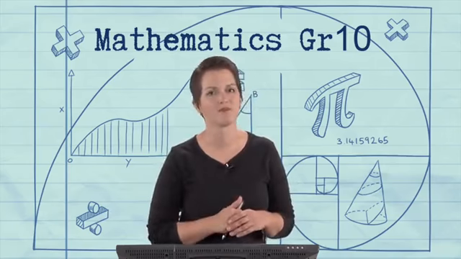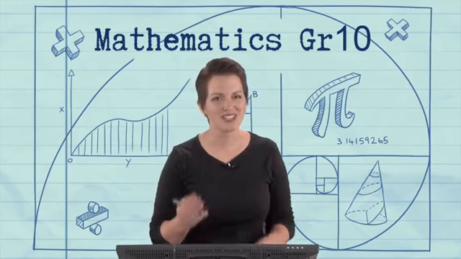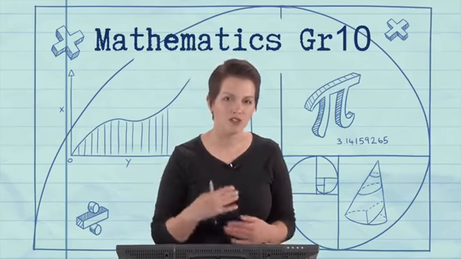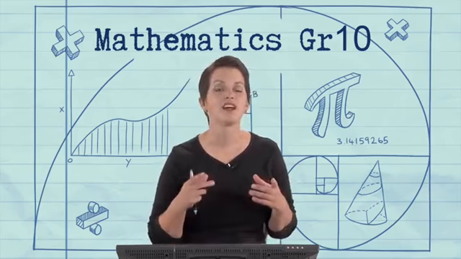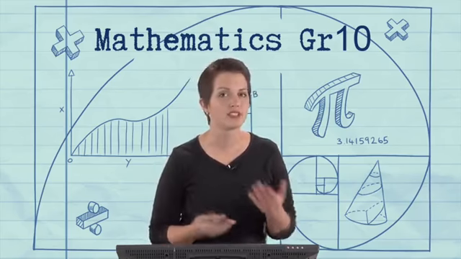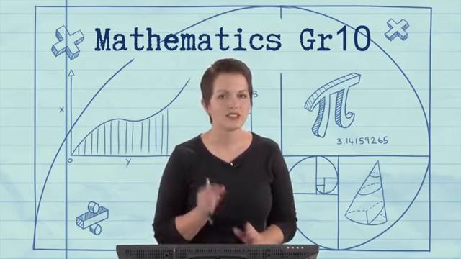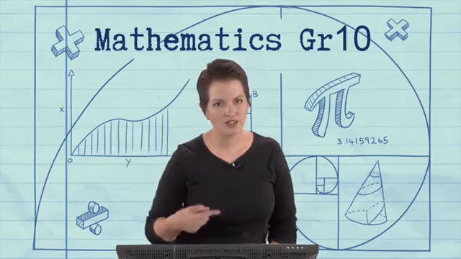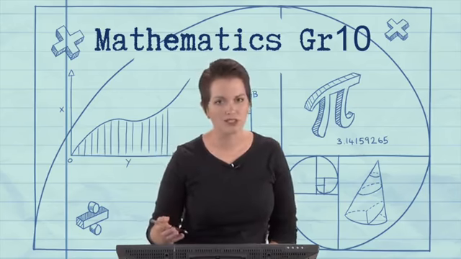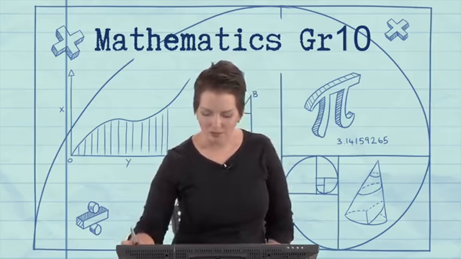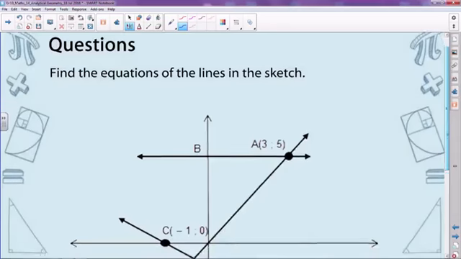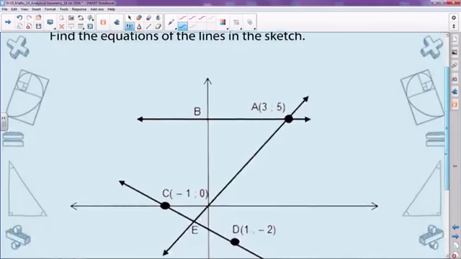You really are. Okay, but before we get to that, I'm going to put another graph up on screen. And I want you to find the equations of each of those lines. Now in this case, you're not given a grid, but you are given coordinates. So let's see how you do. The question says, find the equations of the lines in the sketch.